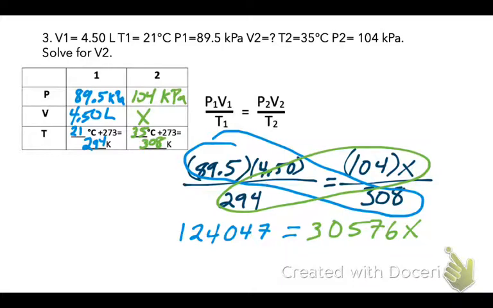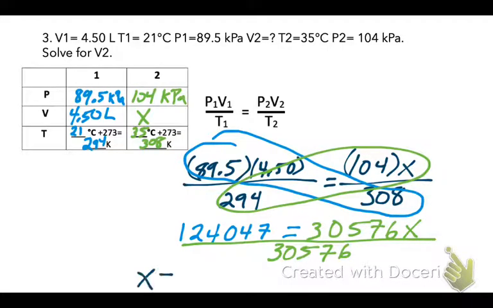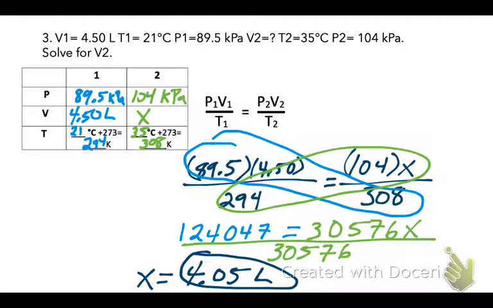Since x is with that number, I'm going to divide both sides by 30,576. When I put that into my calculator, I see x equals about 4.05. And since V was liters for V1, V2 is also liters. Ta-da! Looked complicated, but not too bad, hopefully.